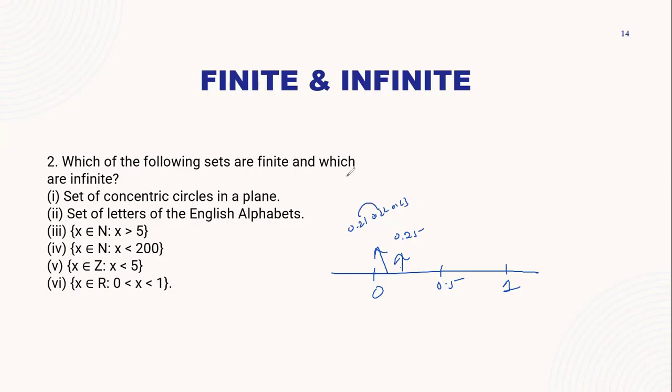But between these there are infinitely many numbers, 0.210, 0.212, 0.213. So here this is infinite as well. Have you understood this concept here? Let us move on to the next part.